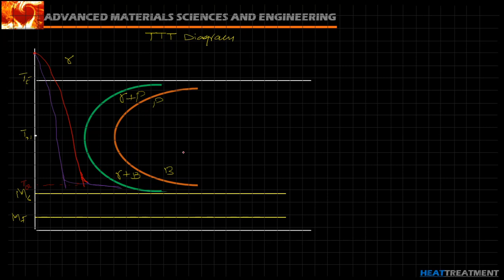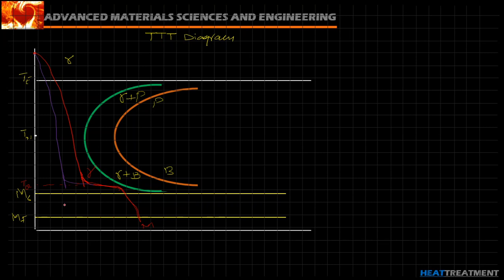So we find that above the start of the martensite, there is a time lag for the unstable austenite which has to be transformed to bainite, and before that transformation you further cool the austenite and let it transform to martensite.